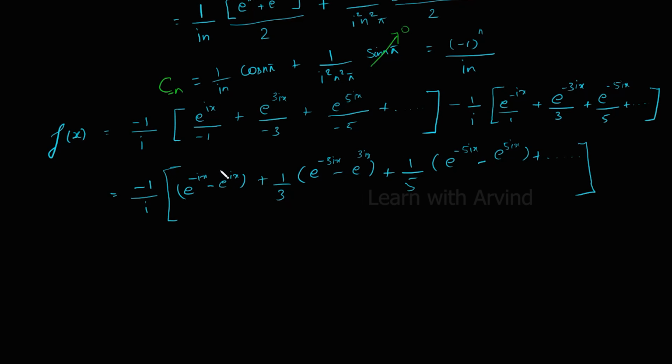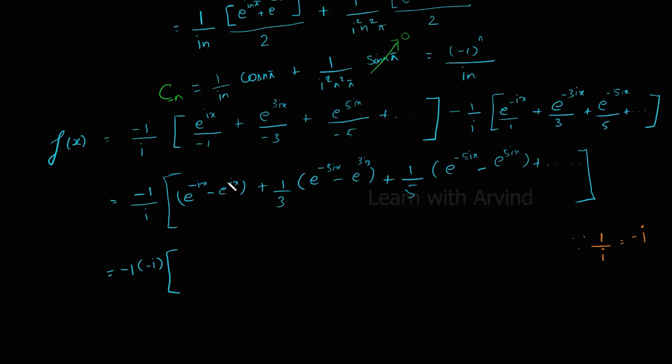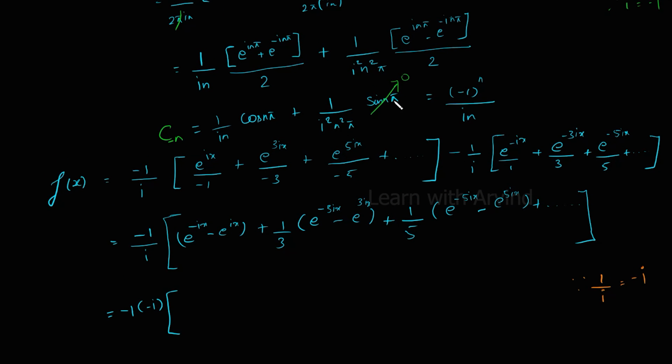We group both of these terms. Since 1 by i is equal to minus i, this would become minus 1 into minus i. Since this term would look like this, the missing 2 and i can be multiplied to obtain this formula, so that the equation would look like this.